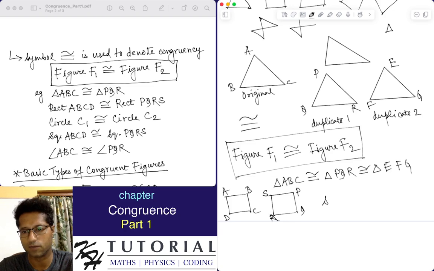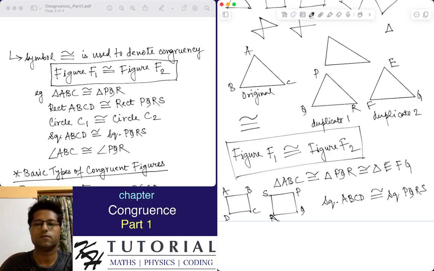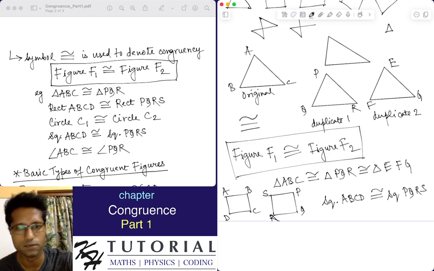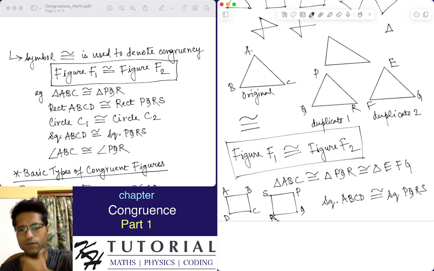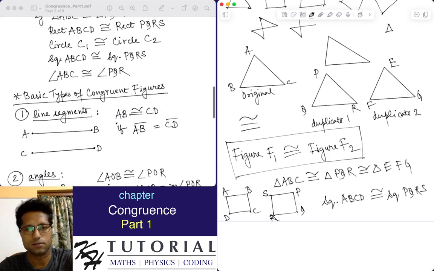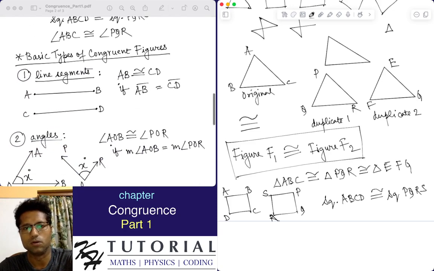So I will write SQ, and then the name of the left hand side square, ABCD, and then the congruency symbol, and then the square PQRS. So this is how we use the symbol of congruency to denote the two plane figures are congruent to each other.